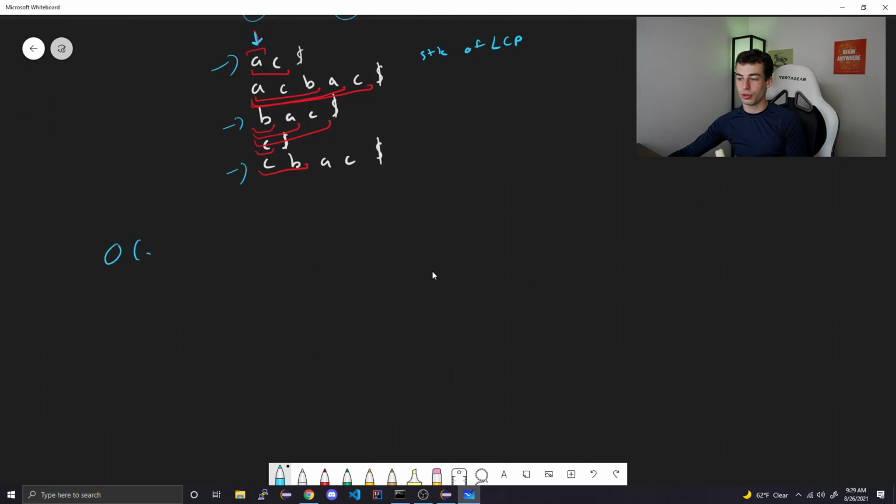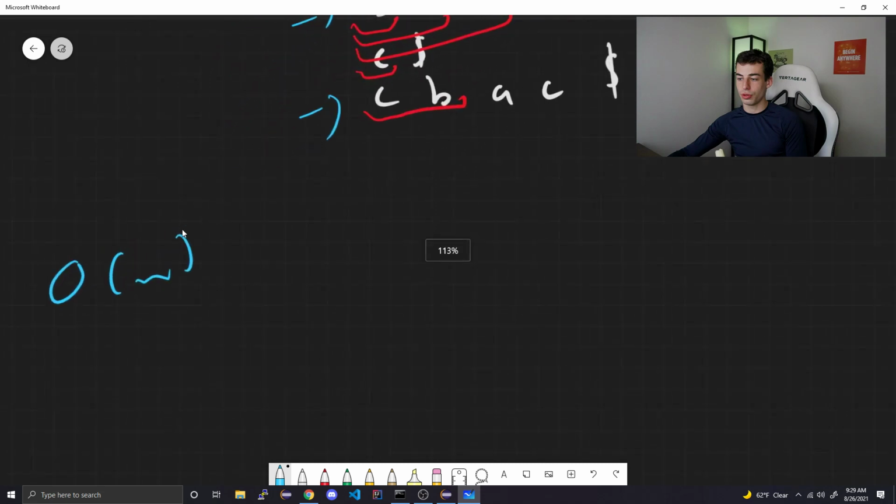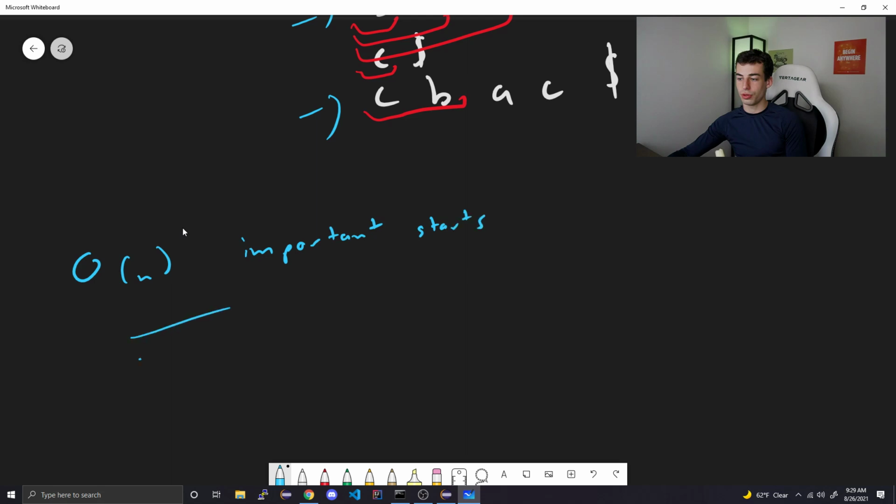So we have order n. Yeah, we can do an n squared dp here. So we have order n important start indices. And then we're gonna pick this start index, and etc.